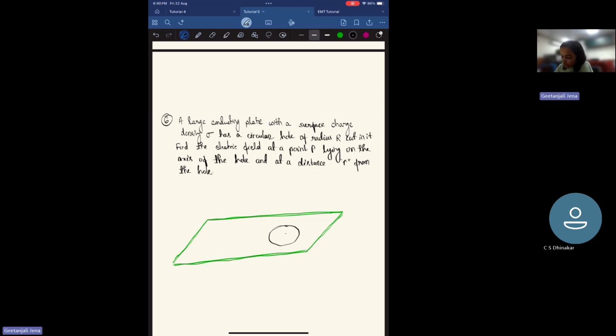The question asks us to find the field at a point on the axis of this hole, at a distance r. This is an infinitely large conducting plate.